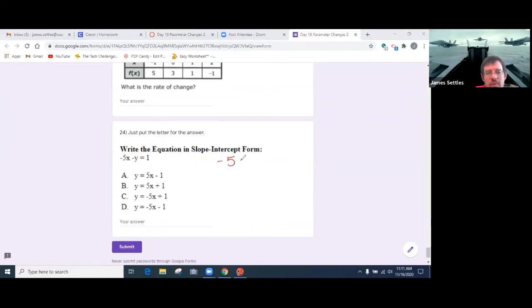So anytime we have x and y together, then we always have to get y by itself. So we're going to add 5x, add 5x. So those cancel right there, and we got -y is equal to 5x plus 1.